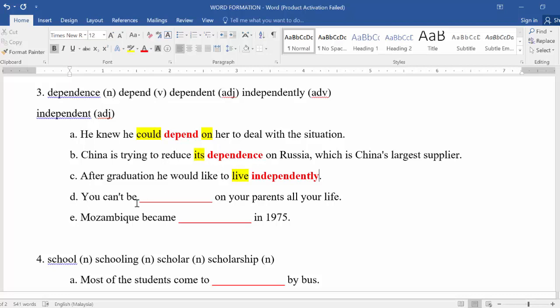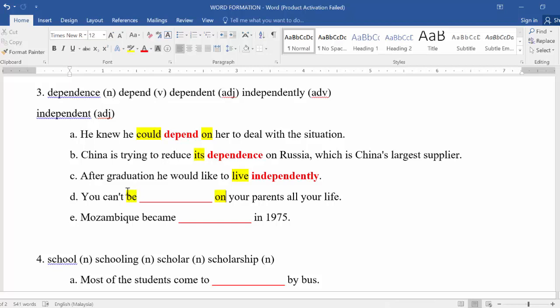Okay, next one. D, you can't be what on your parents or your life. Highlight be and on. When you see be in a sentence, a verb to be is am, is, are, was, were, be, all these words, the next word can either be an adjective or a verb. Here in this sentence, can't be. After can't it needs to be followed with an original verb.